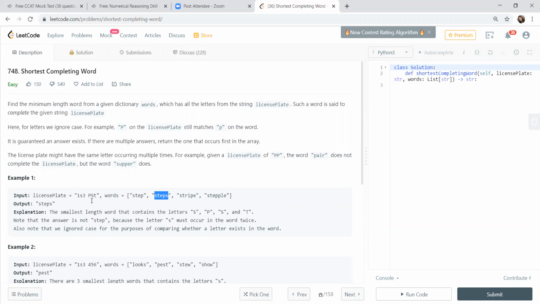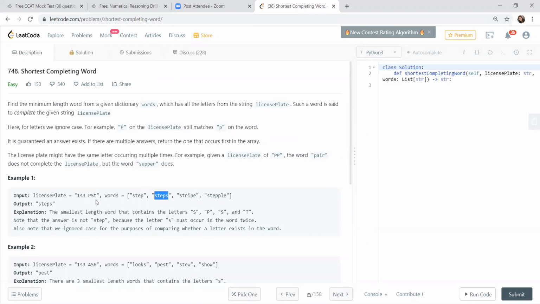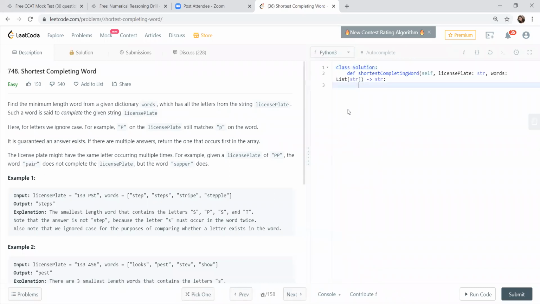For example, here the string we have is SPST. From the words over here, when we search, step contains S, T, P but not one more S, and we need two S's over here, so this is not an answer.